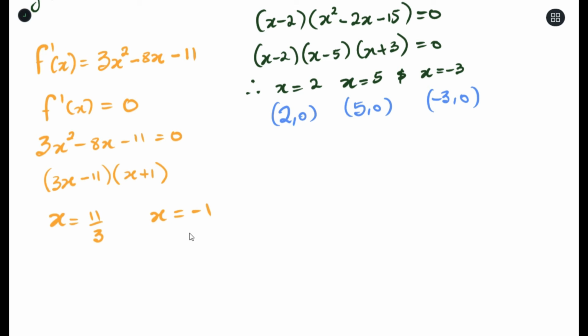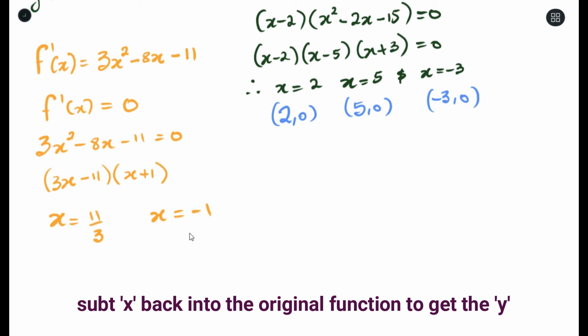Now, to get the y-coordinate of a turning point, anytime you have the x-coordinate of any function and you want to get the y, you substitute the x back into the original equation.